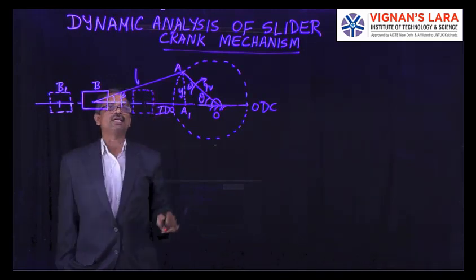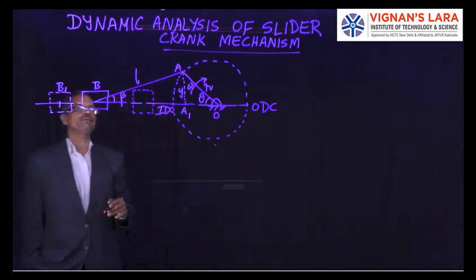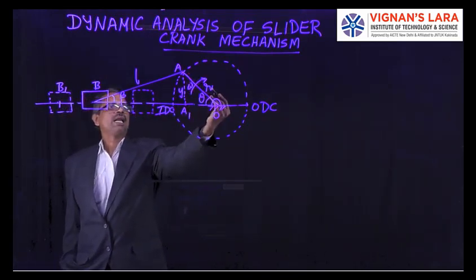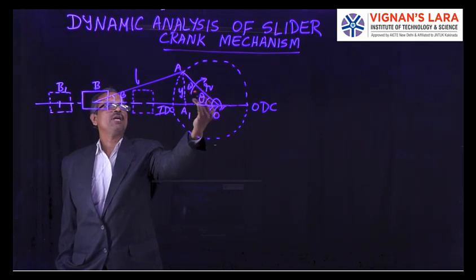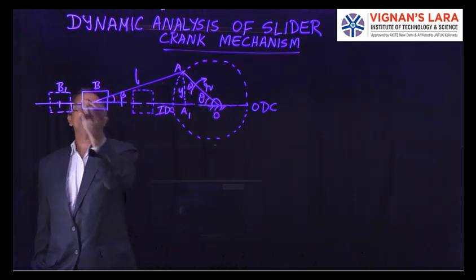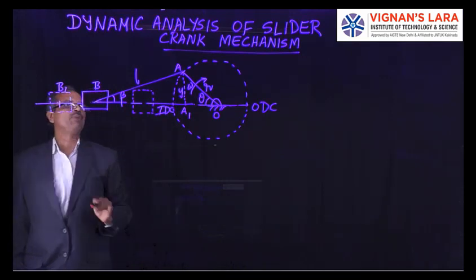Suppose the crank is making an angle theta of 0, then the slider will be at this extreme at B1.